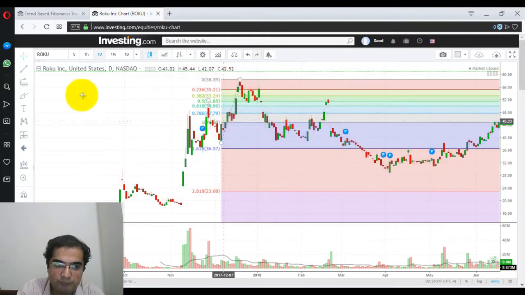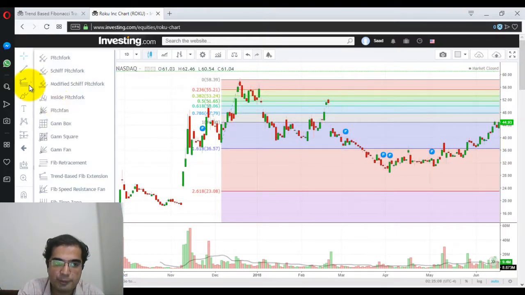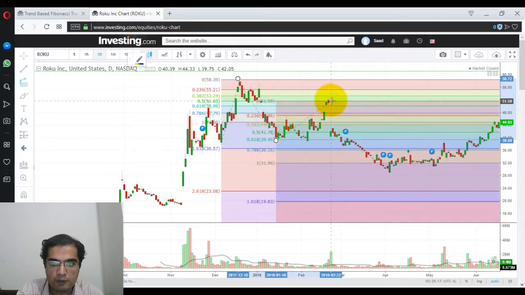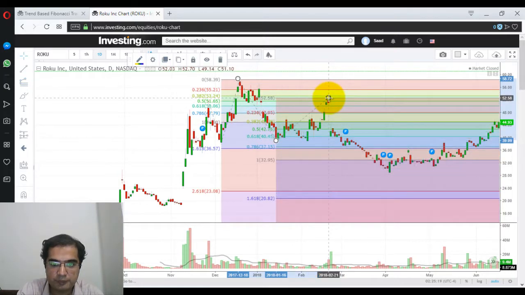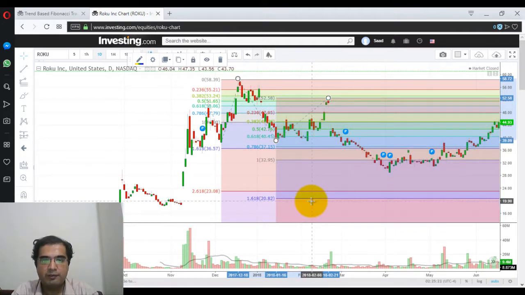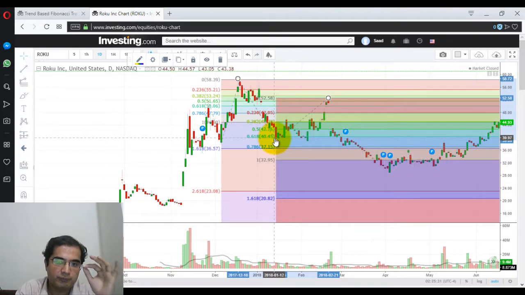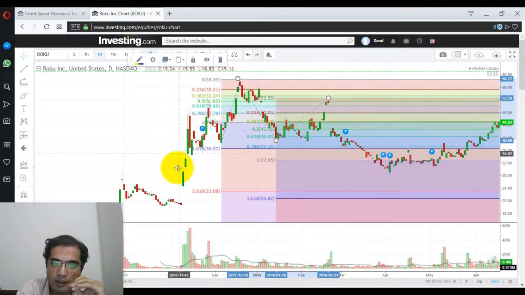Now if I delete it and make another trend-based Fibonacci extension, but from this high till this low, and from this low till this high. Now if you look at it, it's again giving newer numbers. Now what's the difference between this high to this low and this high to this low?